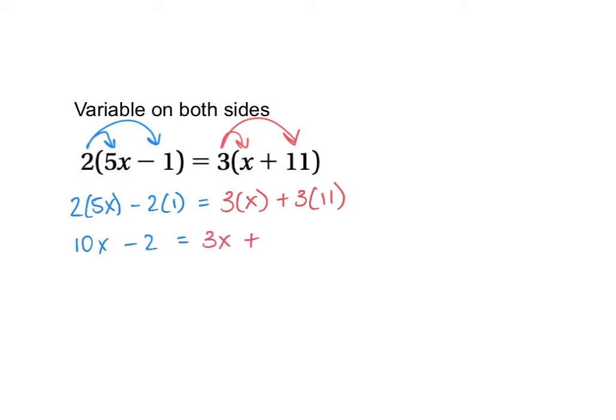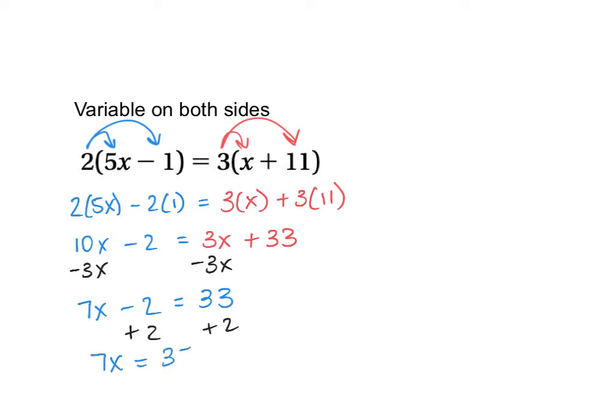3x plus 33. From here, all we want to do is subtract 3x from both sides. And what we're left with is 7x minus 2 equals 33. We can add 2 to both sides. We get 7x equals 35.